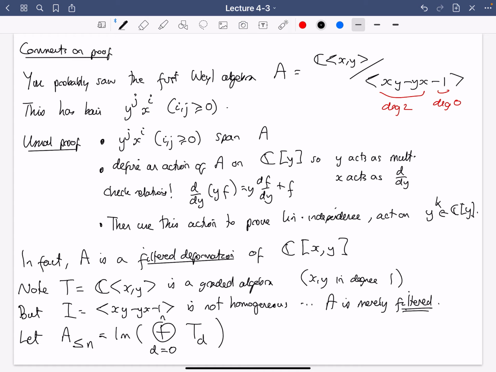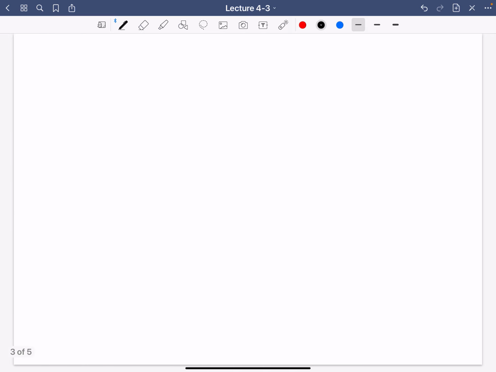So that's the image of everything of degree n and less in the tensor algebra. So the span of all monomials in x and y of degree n or less. And then this is exactly the structure of a filtration on this algebra. So let me write down what this satisfies, and you'll immediately see the definition of what a filtered algebra is.